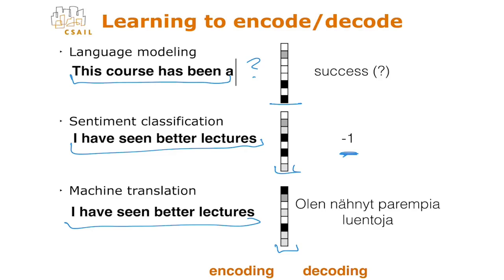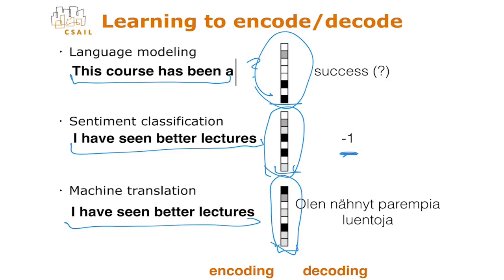Now, the vector representations that we need in each of these cases are different. What we need to predict the next word should be summarized by this vector. What the whole sentence is, for the purposes of predicting sentiment, should be summarized in this vector, and the whole semantic content of the sentence should be captured by this vector.